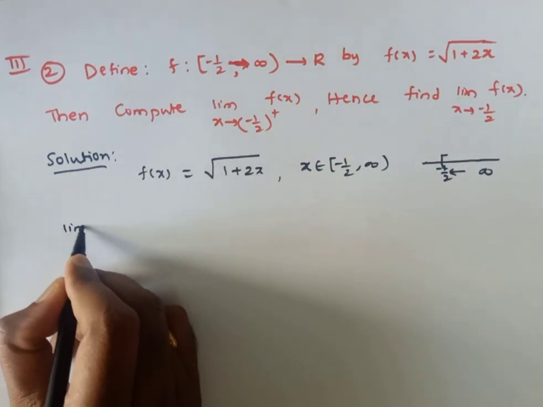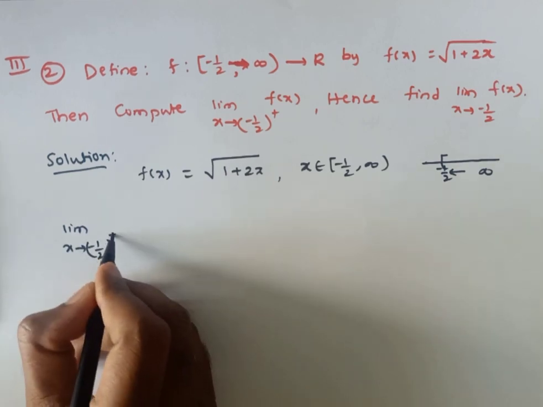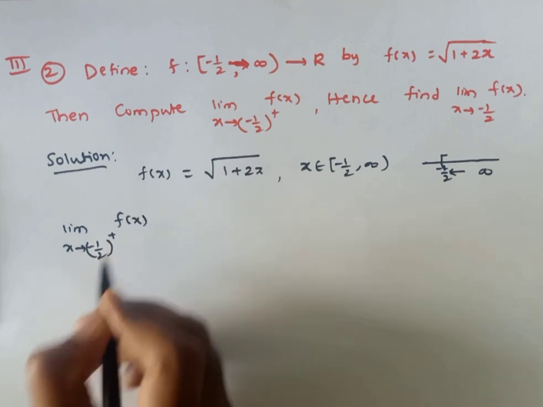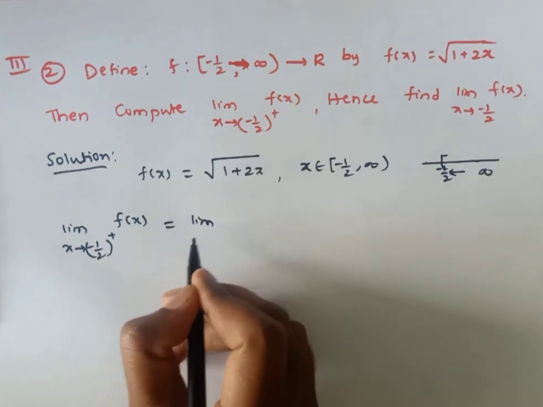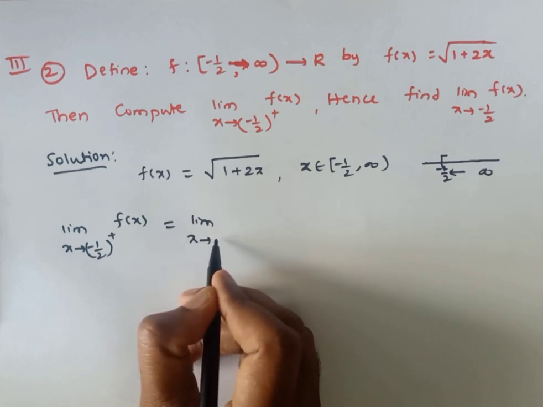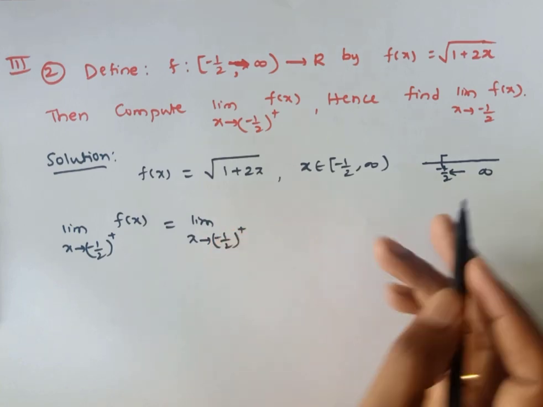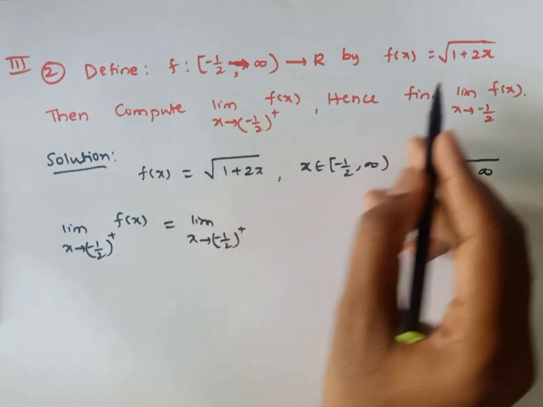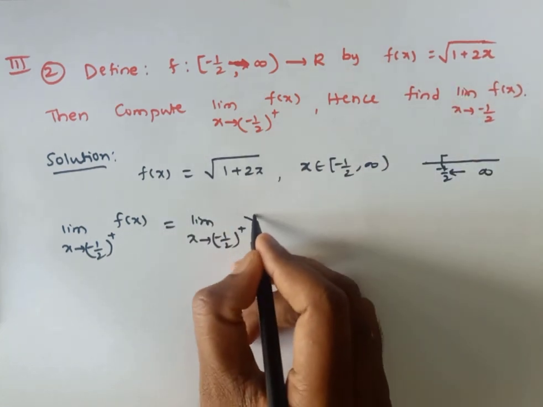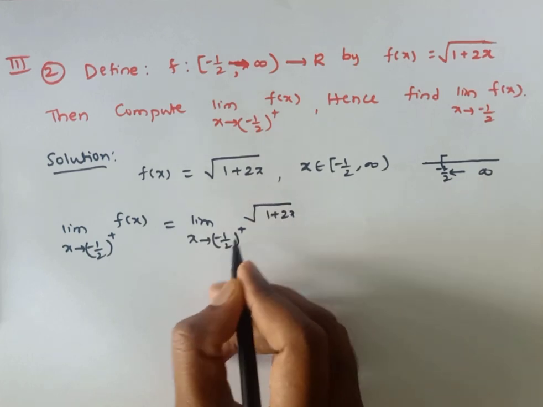Now, the limit x tends to minus 1 by 2 plus of f of x. Here, minus 1 by 2 plus means x approaches minus 1 by 2 from the right hand side, and only the right hand side exists. Already on the right hand side, what is defined is root of 1 plus 2x only. No other things are defined, only this is defined on minus 1 by 2 plus.